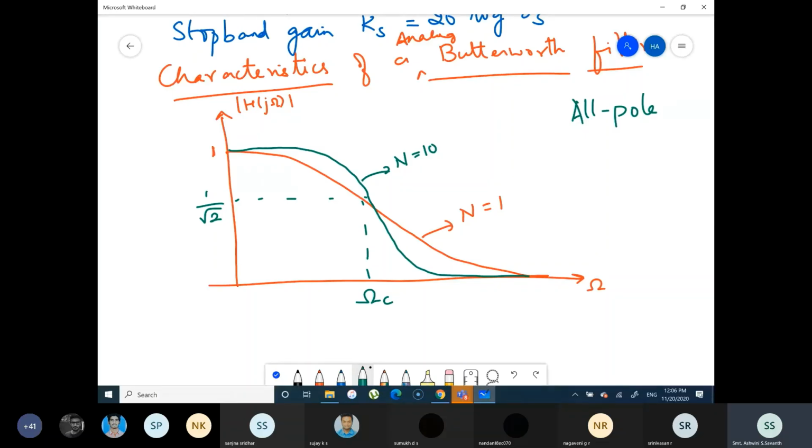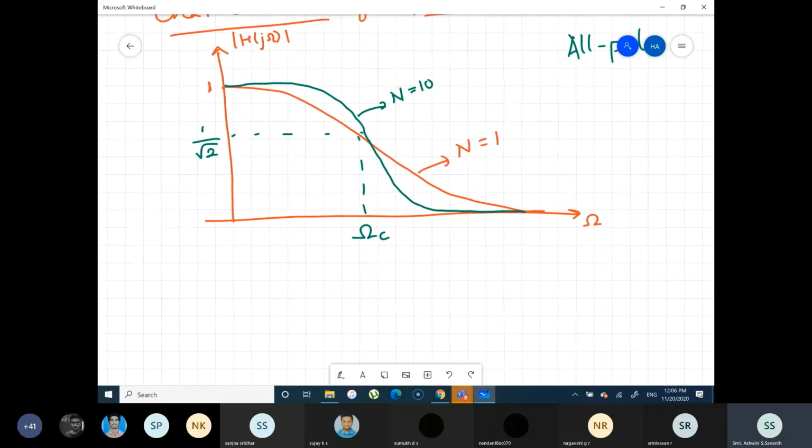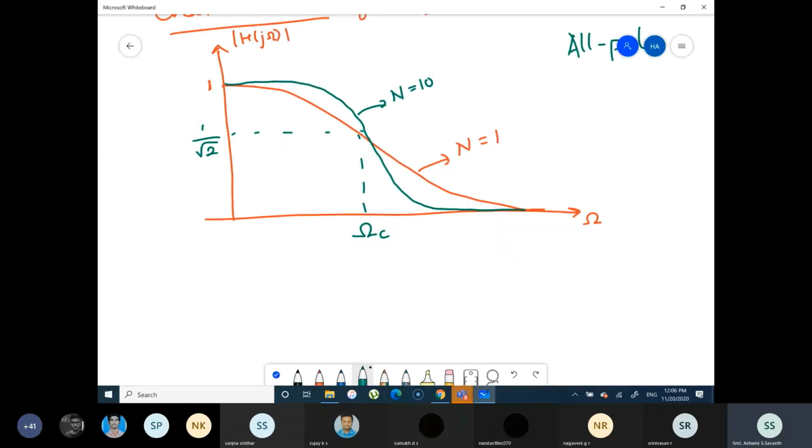That is, the frequency response of a Butterworth filter has the parameter omega c in it. So now let's write down the expression for the magnitude frequency response for a Butterworth filter. That is given as: magnitude of H of j omega is 1 by [1 plus (omega by omega c) to the power 2n] whole raised to the power 1 by 2, under the root.